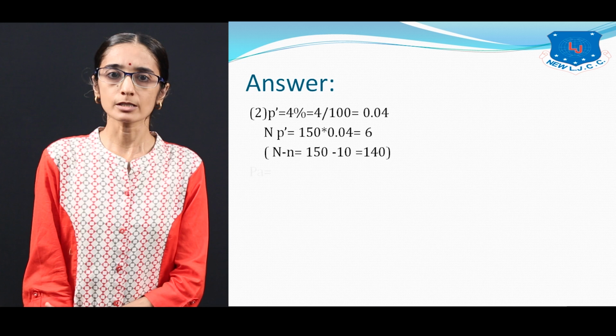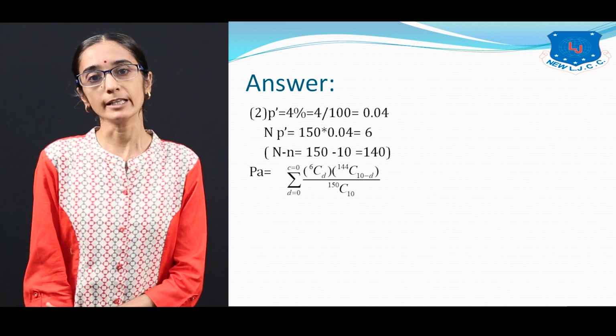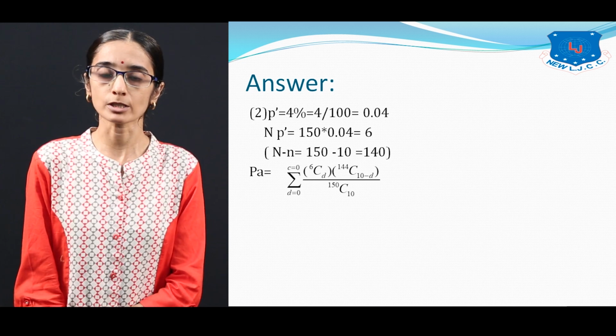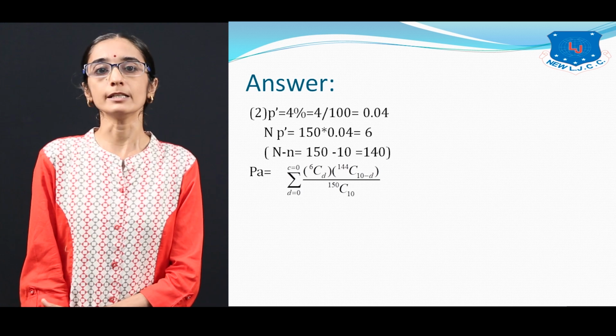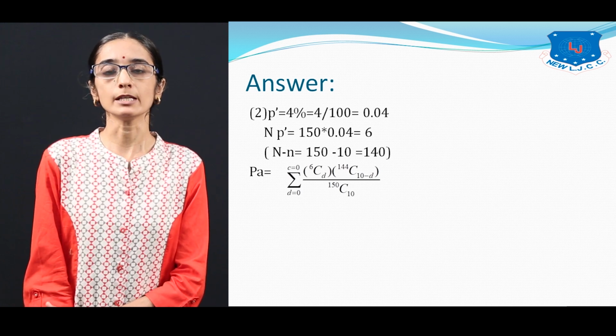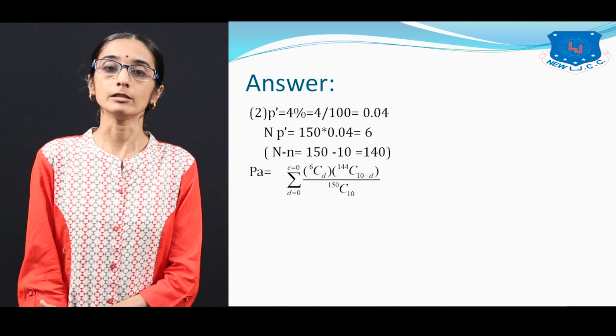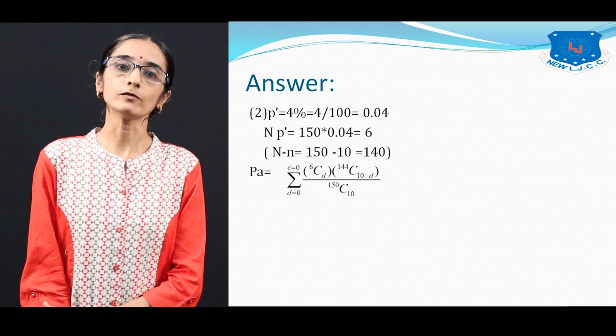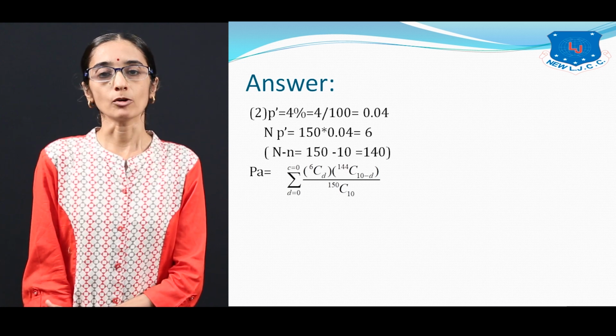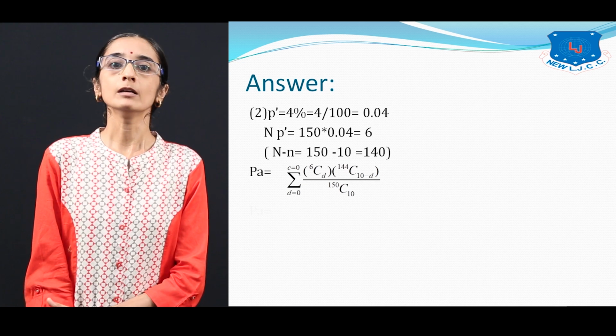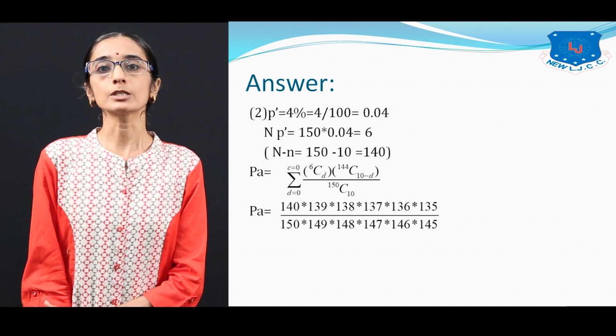Now the PA general result can be written like this. Say D is from 0 to 0, since C is 0, 6 C D, 144 C 10 minus D, and then divided by 150 C 10. Now here the terms will be 140 reduced by 6 terms.